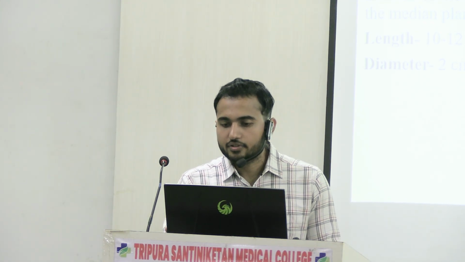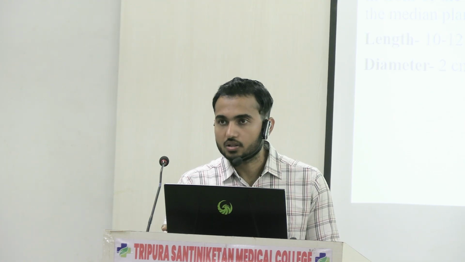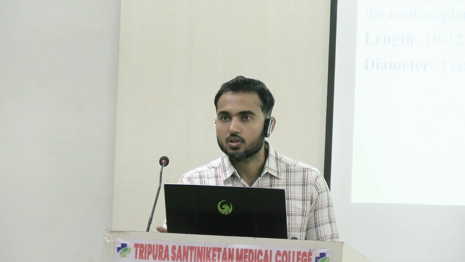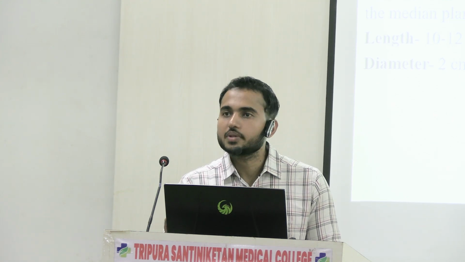To the left in front of the lumbar vertebra, it ends in front of the lower part of the body of L4, the fourth lumbar vertebra. That is the terminal part of the abdominal aorta.